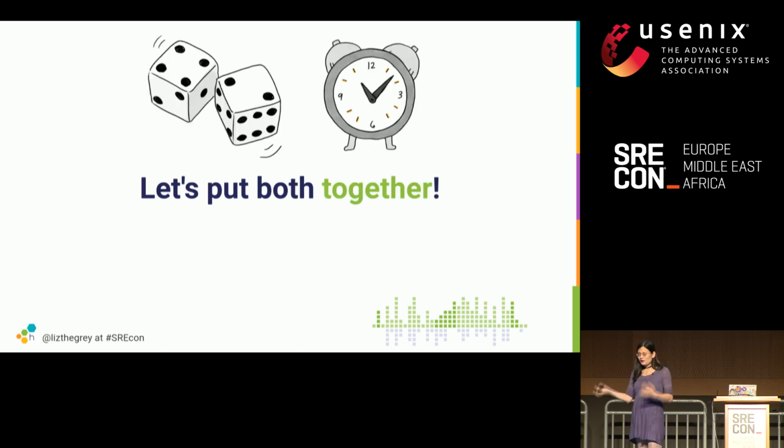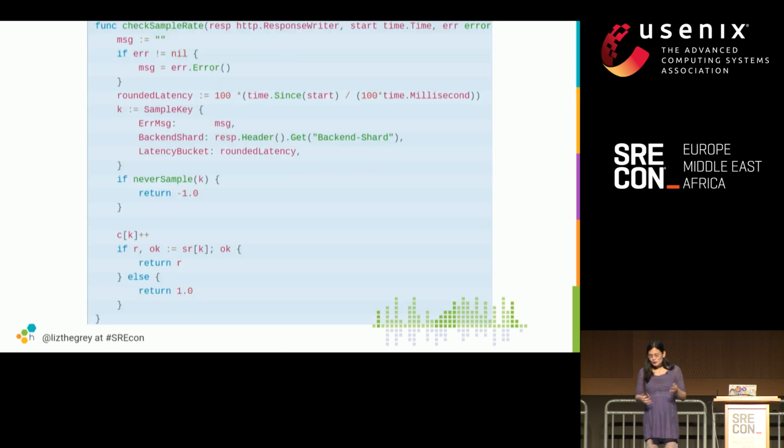Okay, so let's put both of these techniques together: sampling things that are more interesting at higher rates, together with varying the sampling rate over time. What we can do is maintain a count of events that I saw in each bucket, and then in my next time period, I'm going to use as the sampling probability 1 over the number of events that I saw, multiplied by the target number of events per distinct key.